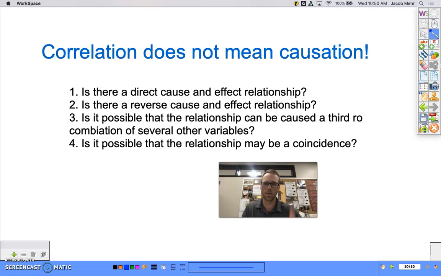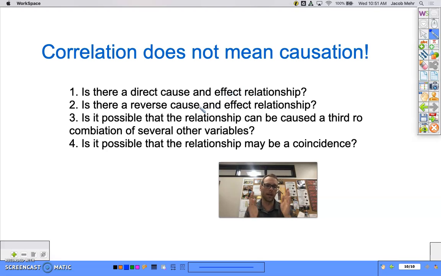So here are some questions that we should be asking ourselves. Is there a direct cause and effect relationship? It's very possible that there is that direct relationship where this one increasing causes that one to increase, or this one increasing causes that one to decrease. That's possible.